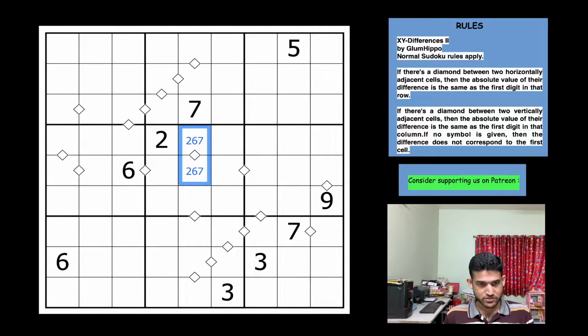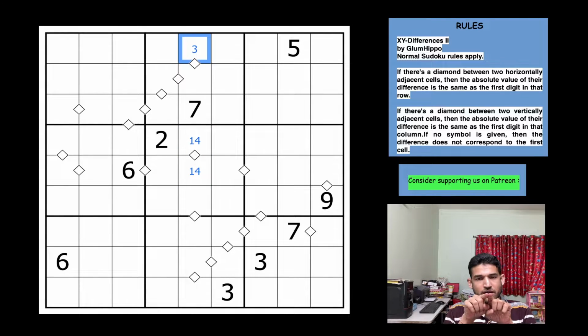Okay, 2 and a 6 is a bad example, 2 is already there. Let's say you have a 1 and 4 here. The difference is 3, which means that the topmost cell in that column must have a 3. So if it is a row, the difference will be denoted by the first cell in the row, and if it is a column, the difference will be denoted by the first cell in the column.